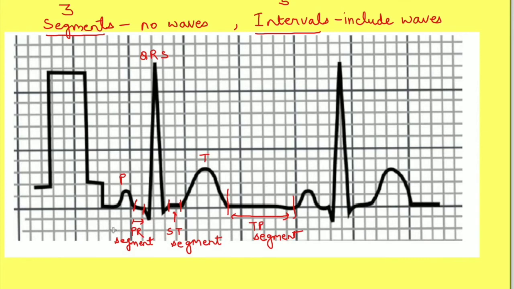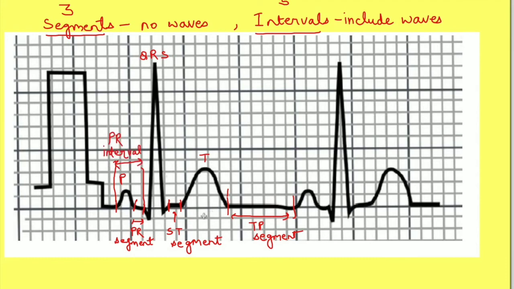Now let us see the intervals. First is PR interval. PR interval is from beginning of P wave to beginning of QRS complex. So as already told, the intervals include the waves. So PR interval is from beginning of P wave, it includes the P wave, to the beginning of the QRS complex. Next is ST interval.